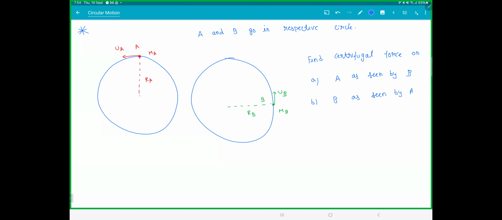Let's get this. This thing, I can put it as a question only, actually. It's a good one. It's a conceptual one. If you ask A, and these are perpendicular, okay?